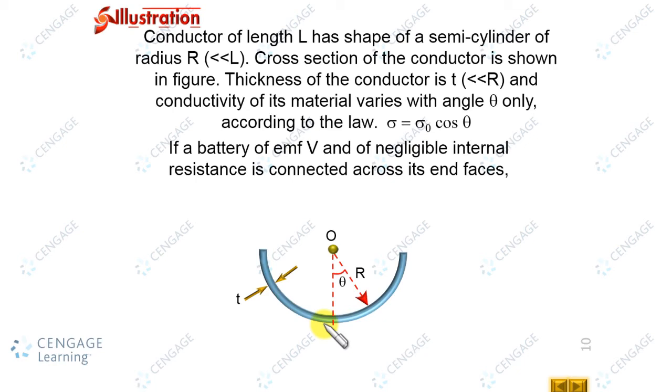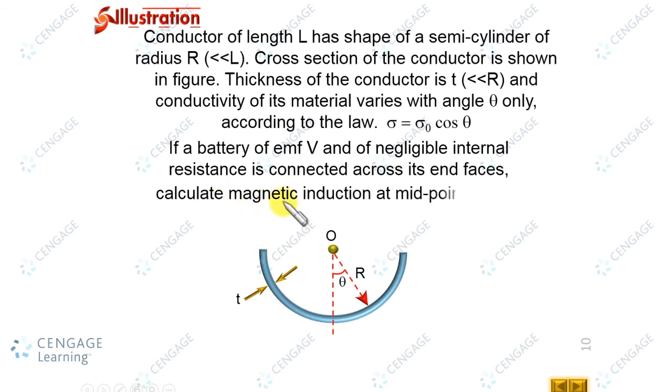That means the current will start flowing from one end to other end, and because of variation of the resistivity, resistance of each and every section will keep on changing. That means different current will flow from different section. Okay, and we can say because of the symmetry, the current flowing at this position, say this position is a theta position here, and current flowing at the same theta position at symmetrical position should be the same, right? And we need to calculate here the magnetic induction at the midpoint capital O of the axis of the semi-cylinder.